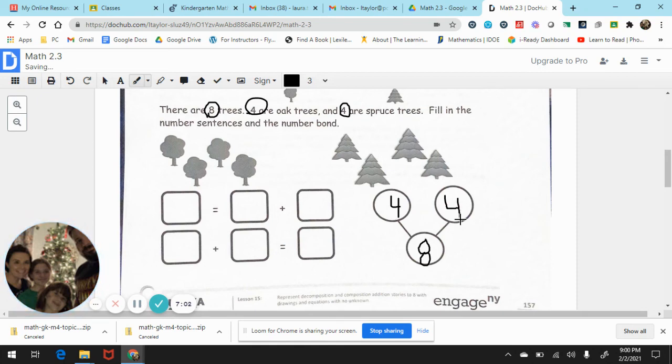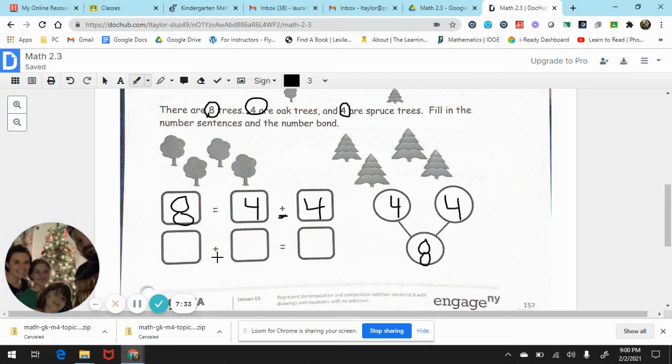4 are spruce trees. All right, friends, look at this. Look at my fact family. 4 plus what? Good. 4 plus 4. All right. My whole goes here, right? Because in a fact family, we're going to use all of those numbers. So my number sentence says 8 equals 4 plus 4.